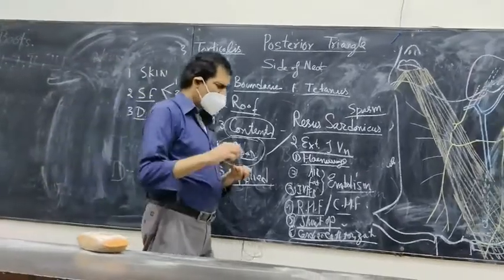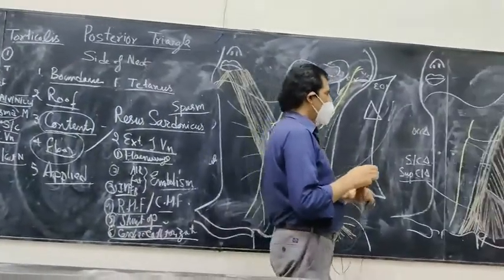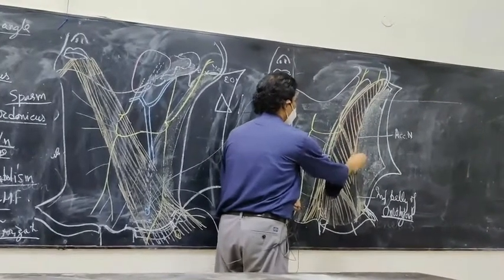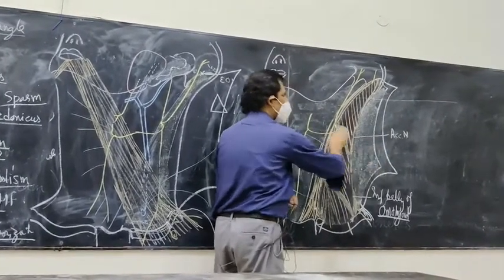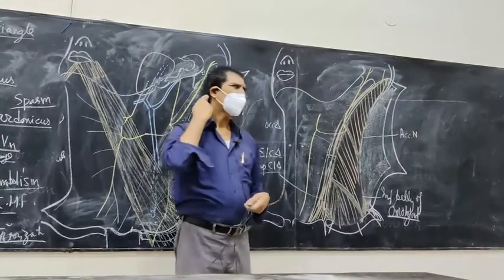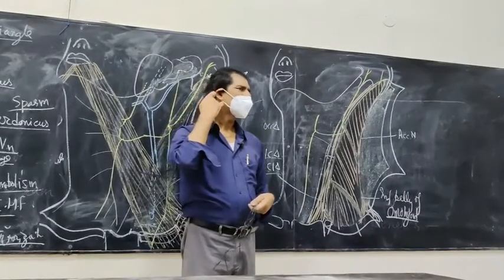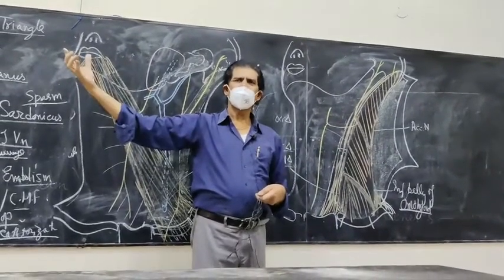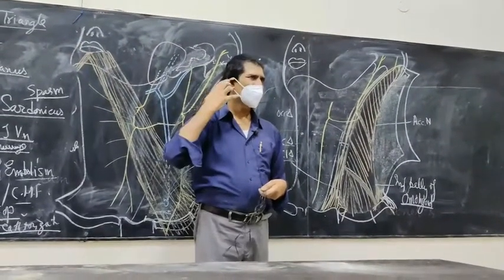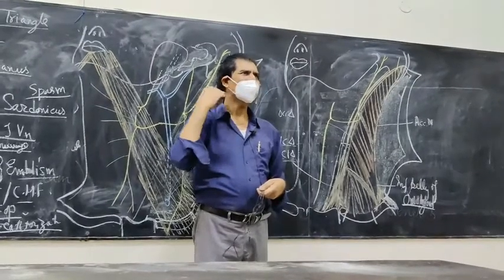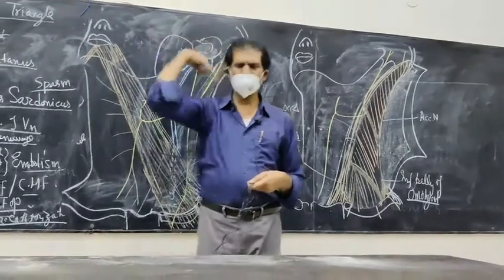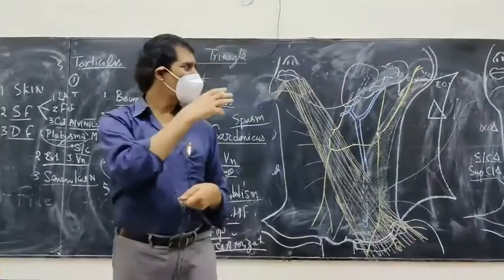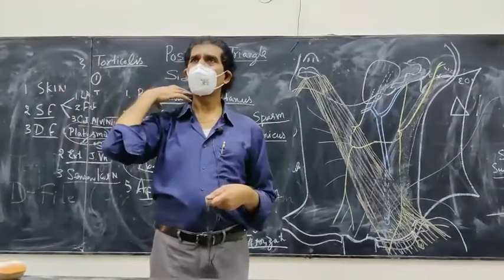The accessory nerve, as we know, lies very superficially, a very thick nerve, just below the skin. This nerve lies obliquely here. During winter, what happens? The cold wind blows, and if you are not wearing a high neck sweater or covering your neck with a muffler, your accessory nerve will be exposed to the cold wind.